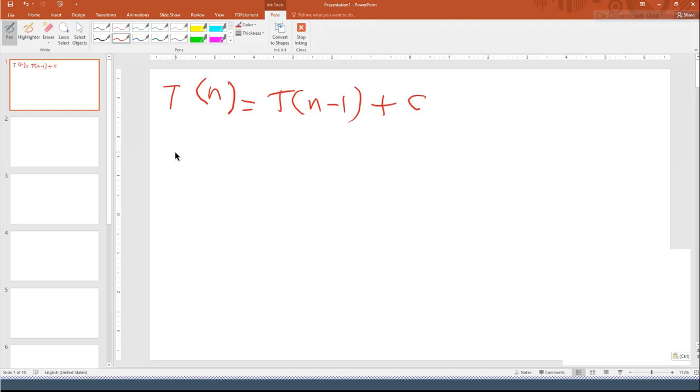In the second round, it will be Tn minus 1, which equal Tn minus 2 plus C. So what we have here is just minus 1, because every time in the recursion we minus 1 from the operation. We go backward, so every time you have to minus 1 to go backward, starting from n and then go backward. N minus 1, n minus 2, n minus 3, and so on.